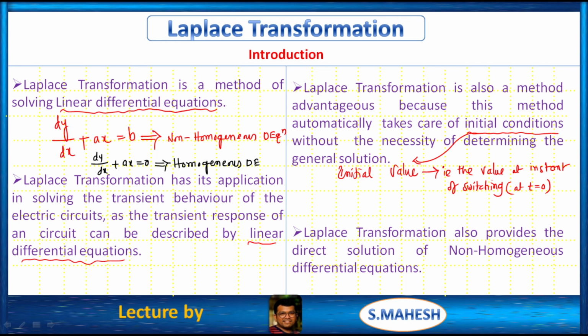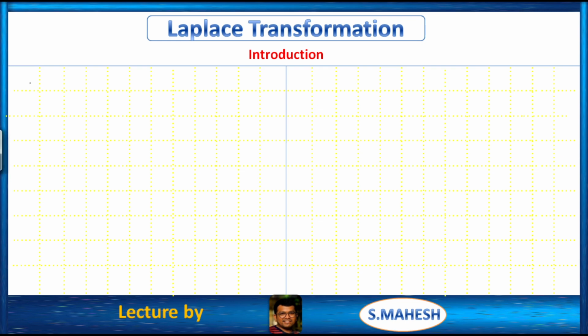Homogeneous differential equation. So for a non-homogeneous differential equation and for a homogeneous differential equation, we have different general solutions, right? Let us say dy by dx plus ax equals b is 1, and dy by dx plus ax equals 0 is 2.